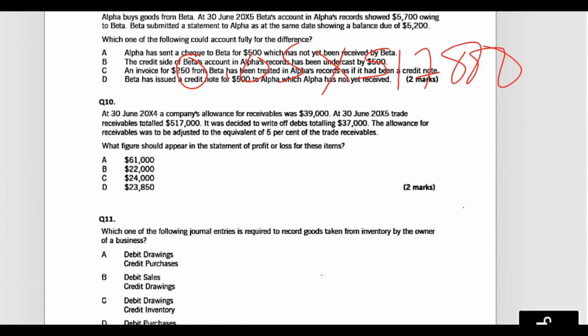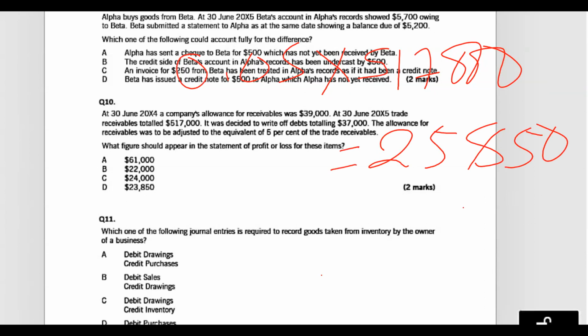Then what is the answer? Anyone to do it on a calculator quickly? $25,850. All right.